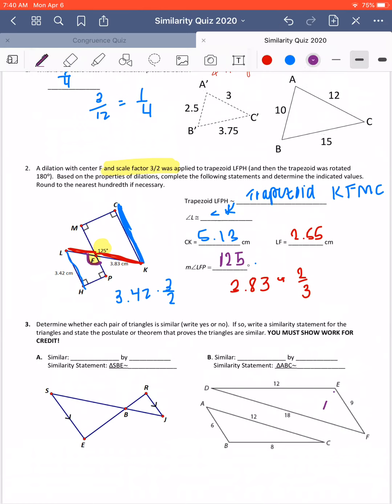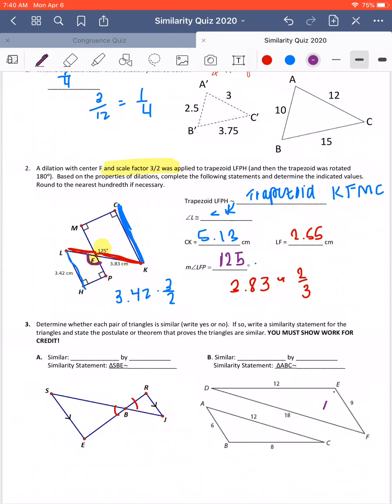So on the first one you have two parallel lines, okay, so we can first off say that these two are congruent by vertical angles.